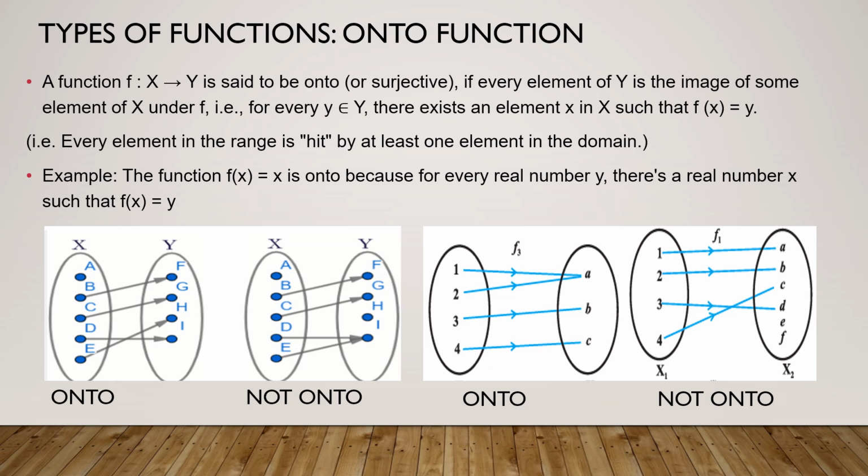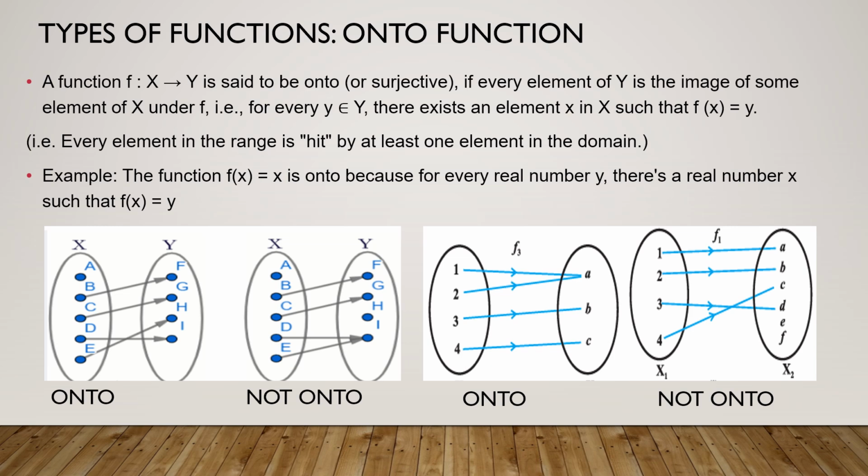In simple language, every element in the range is hit by at least one element in the domain. That means if you have some element in the range, it should have at least one element in the domain. For example, the function f(x) = x is onto because for every real number y, there is a real number x such that f(x) = y. Simple, f(x) = x is an example of an onto function.